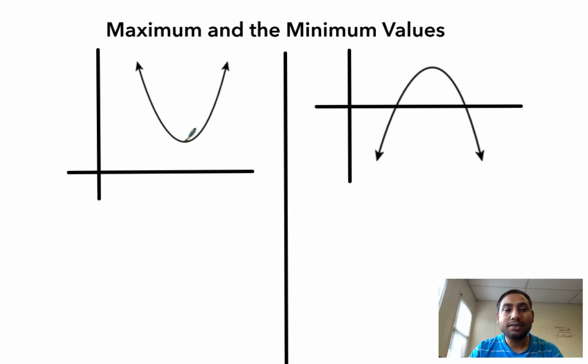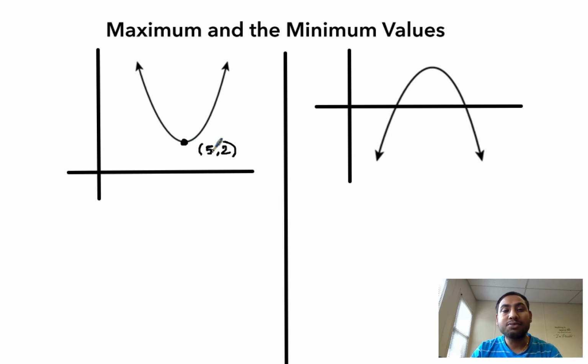So the first one, the graph opens up, and as a consequence, the vertex is the lowest point. Say this vertex is, I don't know, (5, 2), okay? The y value, remember, is the function value, right?